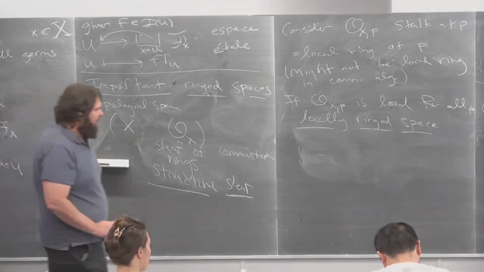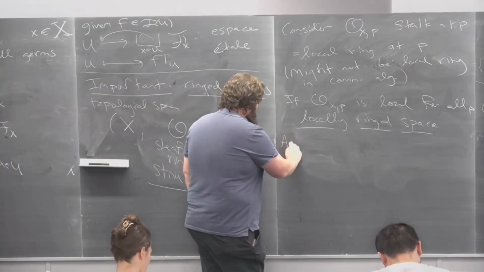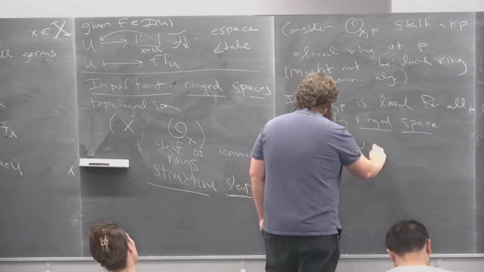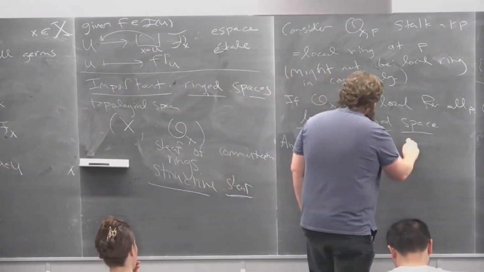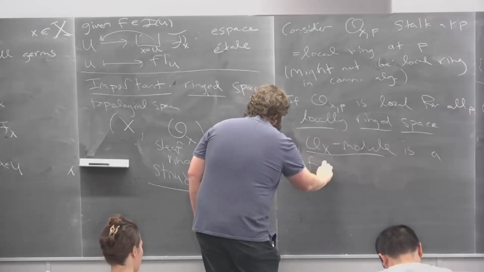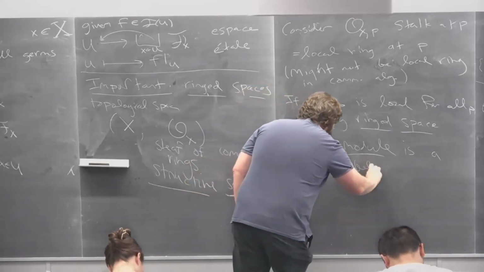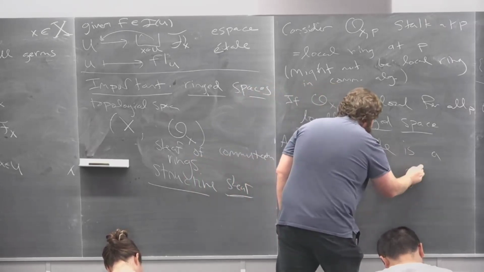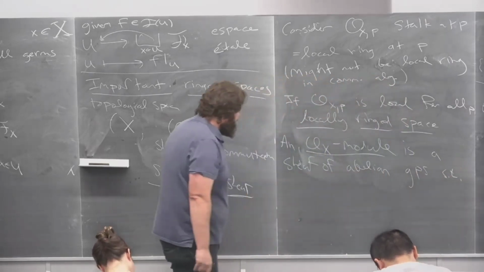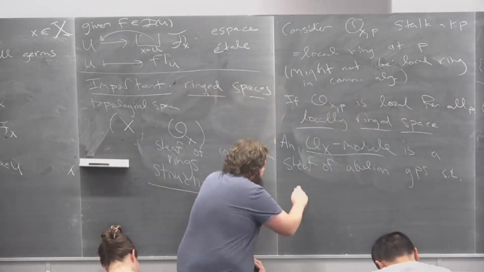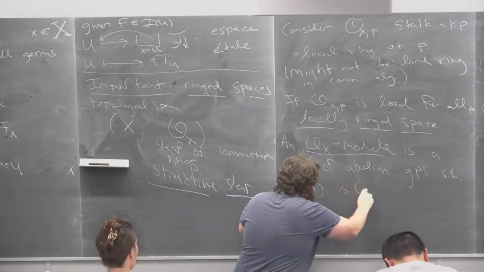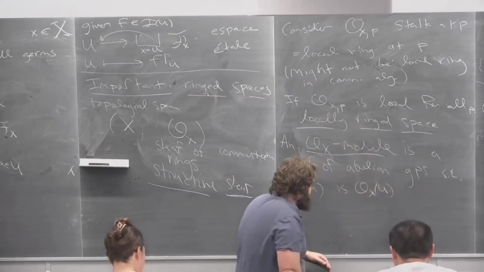All right, and a common thing we'll want to consider is what I'll call an O_X module. It is a sheaf of abelian groups such that if I take F(U), that's an O_X(U) module, right?